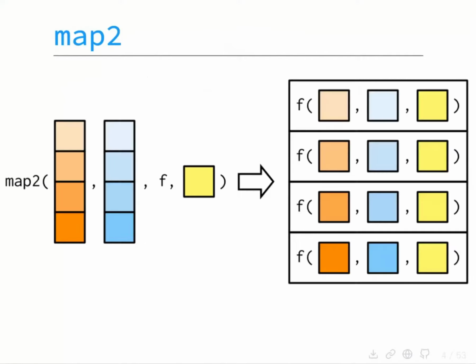Okay, so map2 works like this, right? It's just like map, where we feed it a vector and then we feed it a function after that. The only difference is that in this case, we're now feeding it two vectors, and it's going to loop over both of those things at the same time. Here I'm feeding it some orange vector and some blue vector, and then I pass it some function.